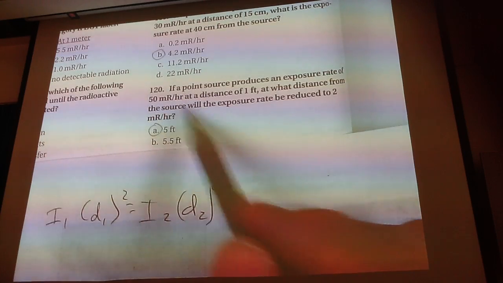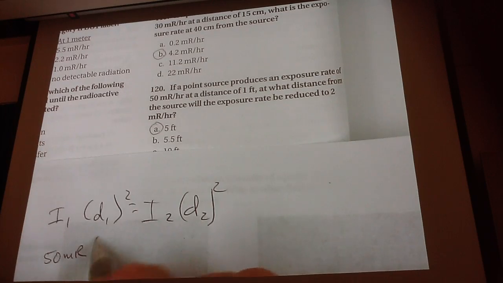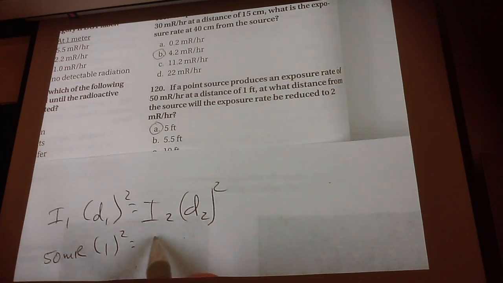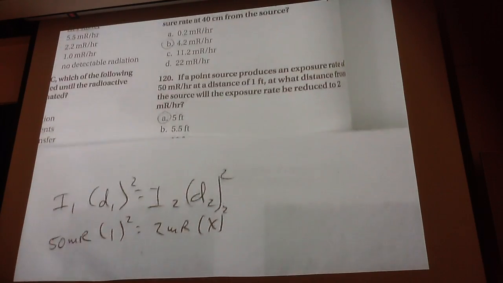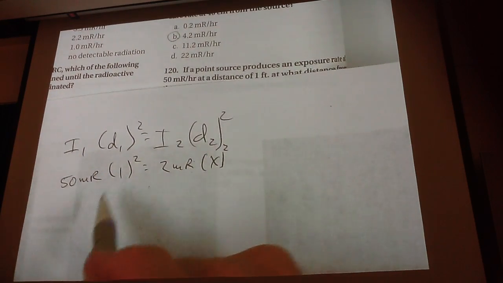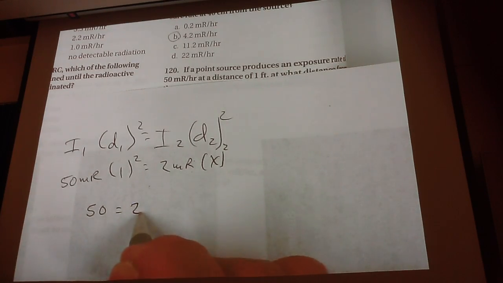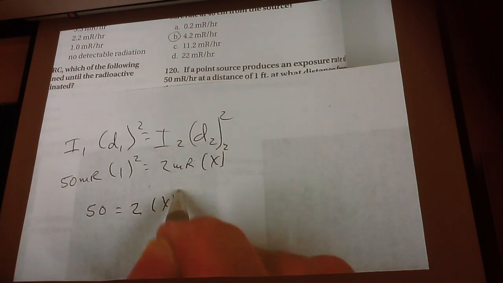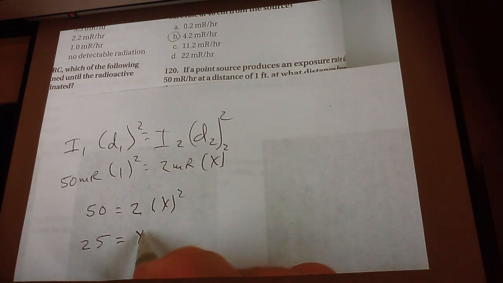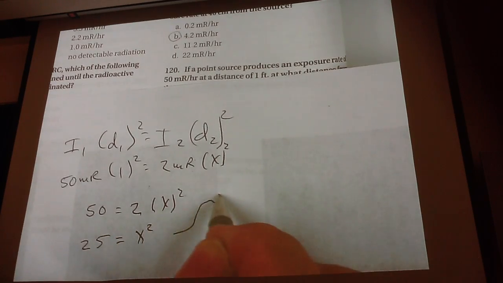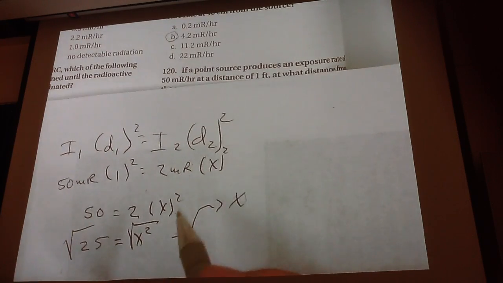Okay, so we had 50 MR times 1 foot squared is equal to 2 MR times x squared. So basically you have 50 equals 2x squared, divide both by 2, you have 25 equals x squared, so take the square root of both of those. So 5. Yes. So that's how they got 5.